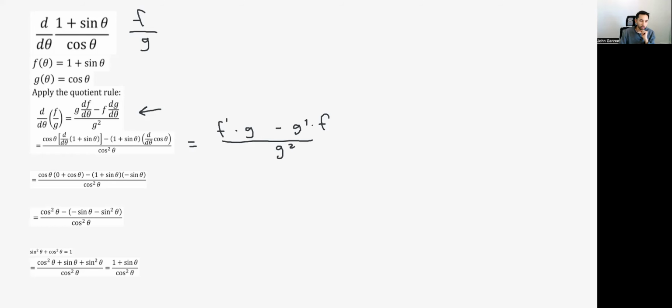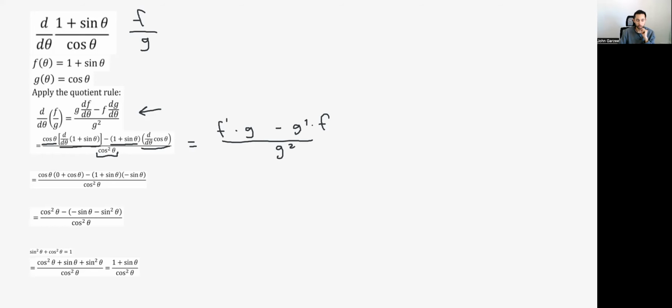G is cosine, so that's going to be cosine squared on the bottom. G is cosine, and then f prime is going to be the derivative of this top part, and then we're going to have f, which is the original, and then g prime, which is the derivative of cosine.